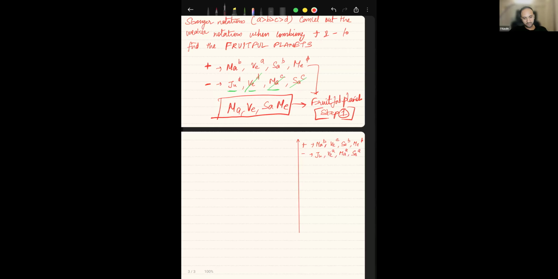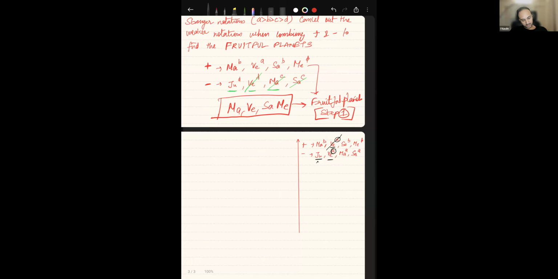If this happens, then when you are calculating your net list of fruitful planets, what you need to do is: Jupiter is not present there, so you can ignore it. Not a problem. Venus, is Venus here? Yes, Venus is here. But the problem is the A is greater than C here. So this Venus cancels out this Venus.